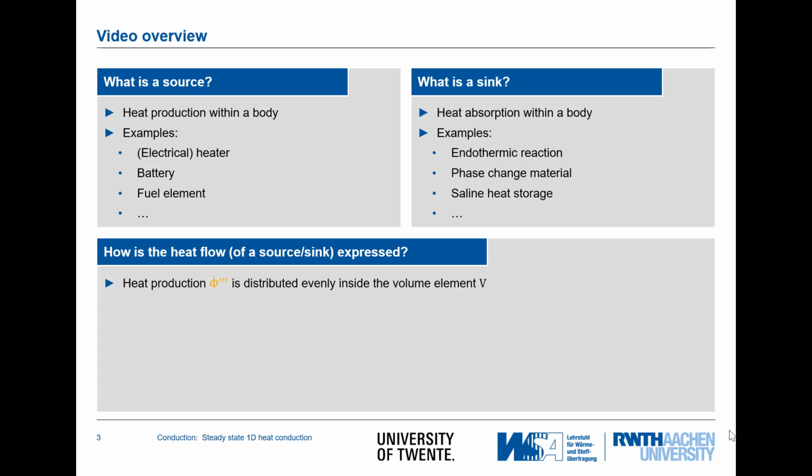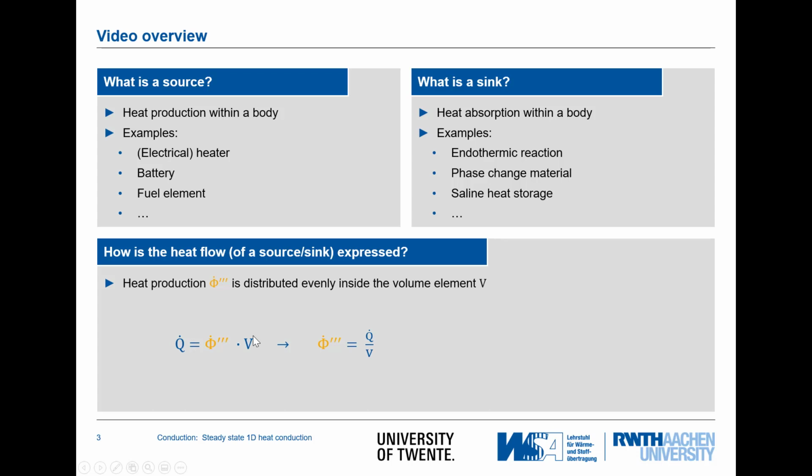How is the heat flow of a source or sink expressed? Here in our lectures we always use the volumetric heat generation rate, phi dot 3 dash. The 3 dashes indicate that it's a volumetric source, and this source is then evenly distributed in the volume element V, but we can also think of a function where this is a function, for instance, of the radius itself.